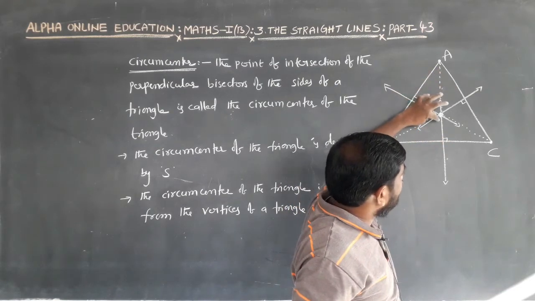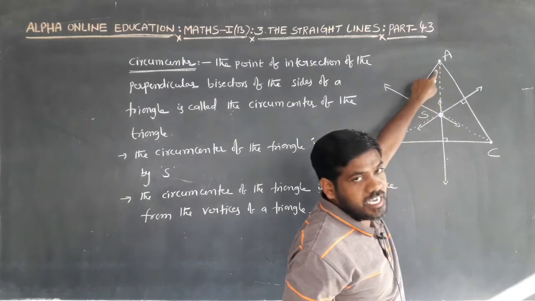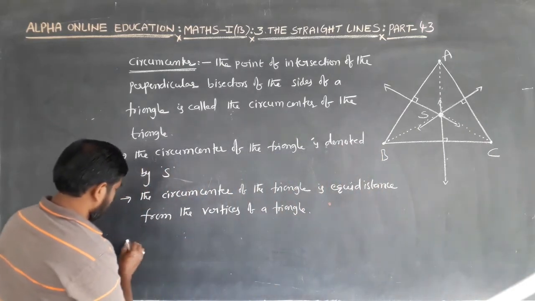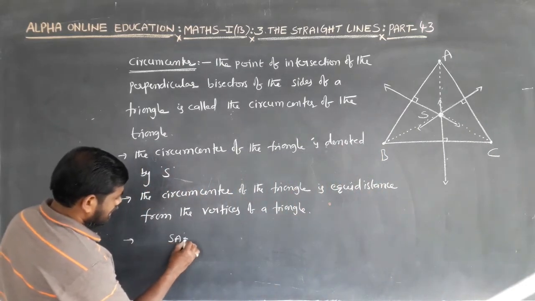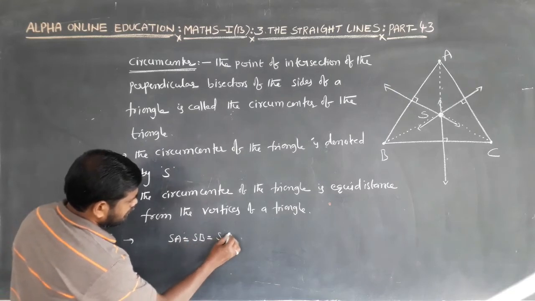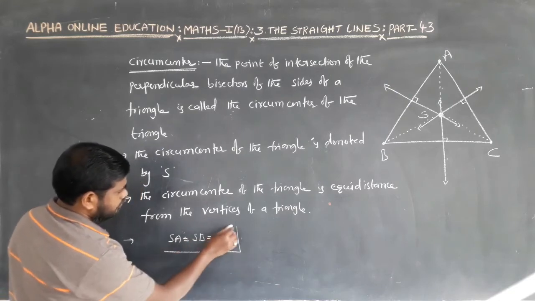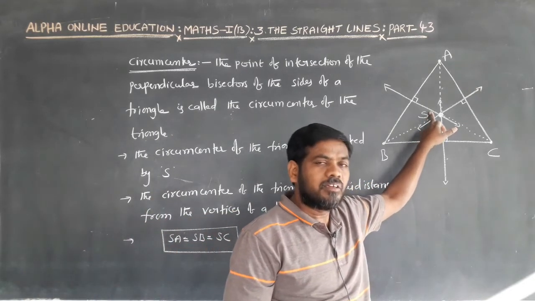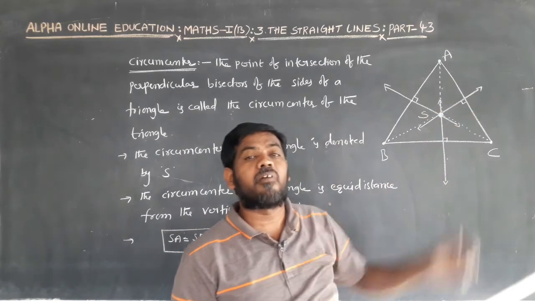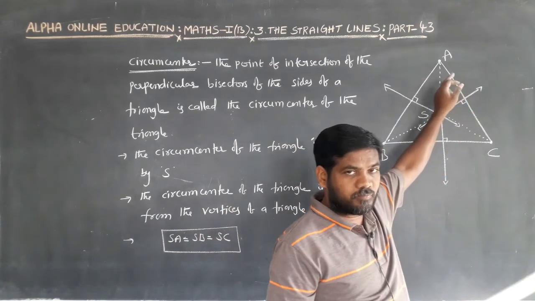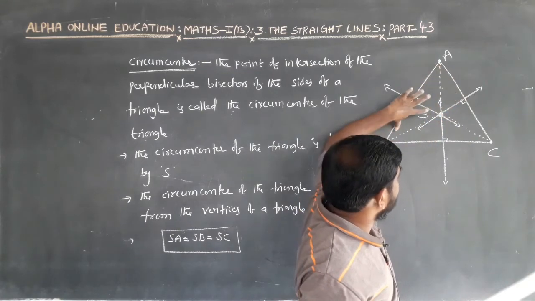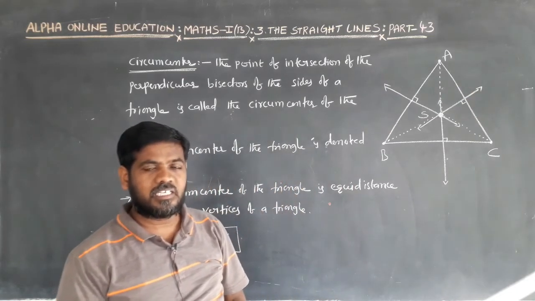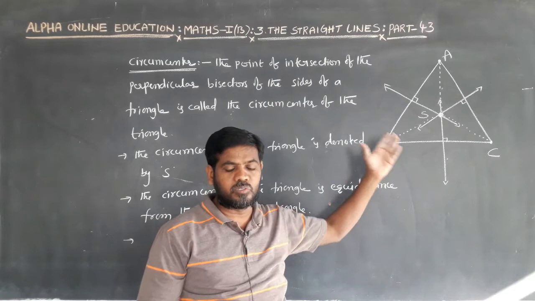So the distance SA is equal to SB is equal to SC.